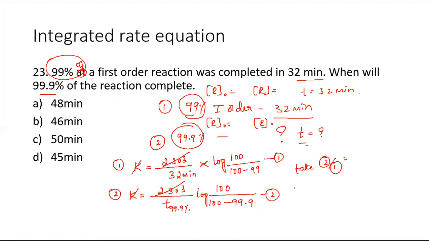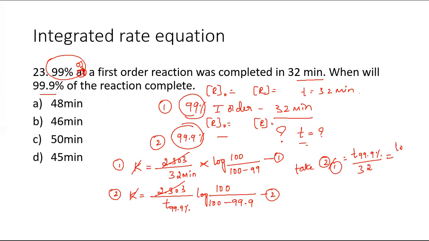Now, so T comes first in the fraction. Or else you can directly take 1 by 32 whole divided by 1 by T of 99%. Directly I am taking T of 99.9% divided by 32 is equal to, look here, log 100 divided by 100 minus 99, that is 1. 100 by 1 is nothing but 100 only.